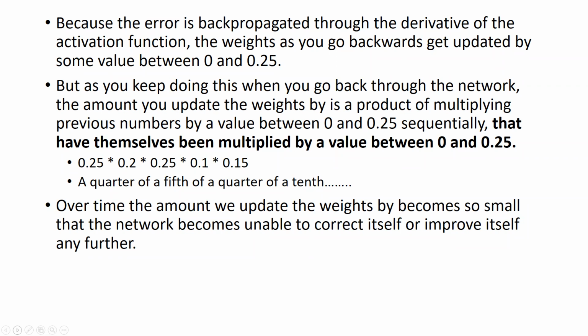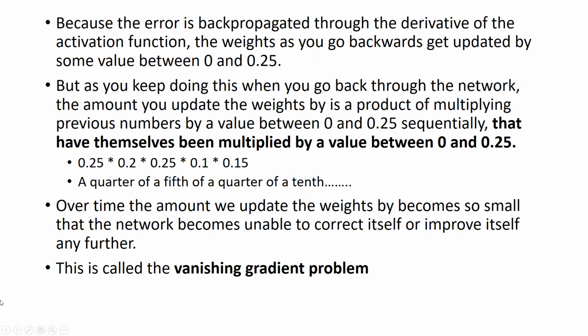So what you find is that logistic activation functions, it's really difficult for them to overcome things like local minima problems, purely because it finds it difficult to update the weights. Especially the weights right at the beginning of the network. Remember, we take the error from the right-hand side and we start propagating through. By the time you've got down to a quarter, fifth of a quarter, of a tenth, or whatever, the weights at the start of the network have hardly been updated at all.